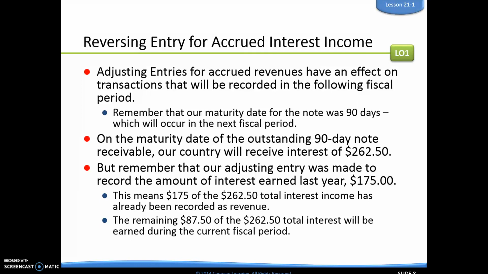So that means that 175 of our total interest has already been recorded as revenue, even though we haven't received it yet. That remaining 87.50 will be earned during our next fiscal period. So if you want to think 2018 and then 2019, 175 got earned in 2018. 87.50 is going to be earned in 2019.